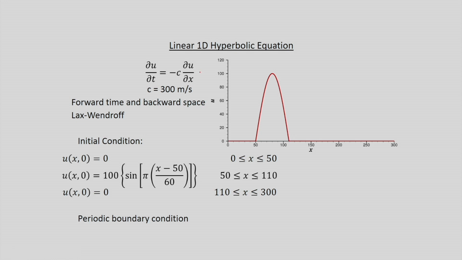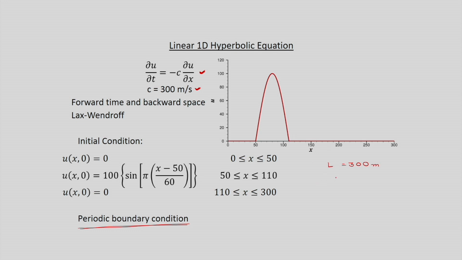So, this is the equation where C we have taken as 300 meter per second, okay. So, you can see that this is your linear equation, okay, linear hyperbolic equation. So, this is the domain 0 to 300, okay. So, this is in meters. So, the length of the domain is 300 meter and we are applying periodic boundary condition in the spatial direction.